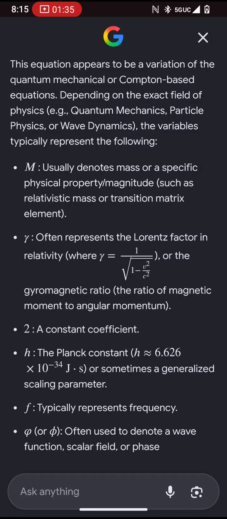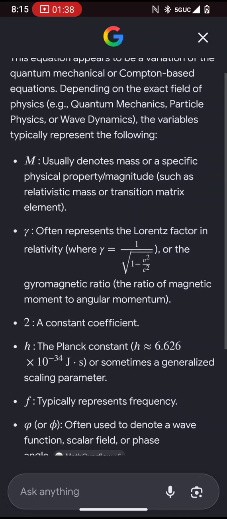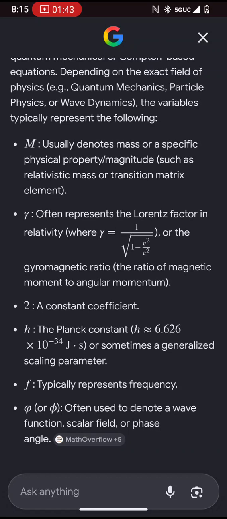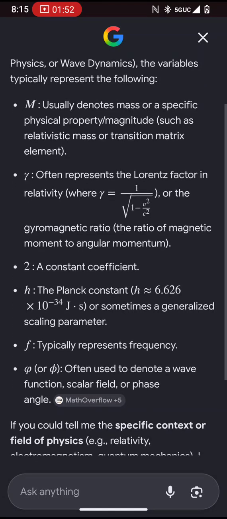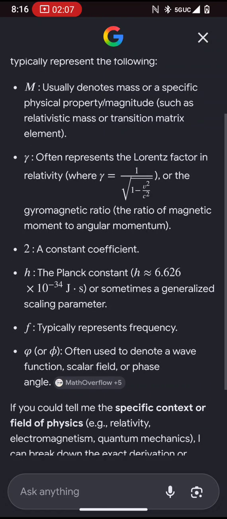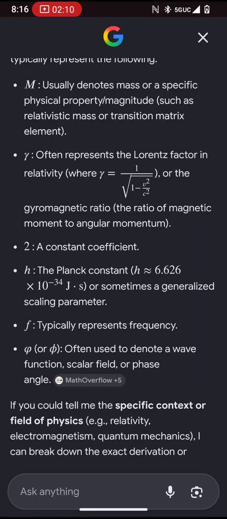The variables typically represent the following. M usually denotes mass or a specific physical property, magnitude, such as relativistic mass or transition matrix element. Ooh, that's actually a good description. Y often represents the Lorentz factor in relativity, where I'm not even going to get into that equation, but the gyromagnetic ratio, the ratio of magnetic moment to angular momentum.